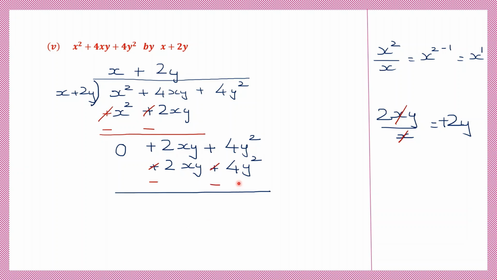So now here I have plus 4 minus 4, that is 0. Similarly, here I have plus 2 minus 2, which becomes 0. So now let me go back to my quotient. My quotient is x plus 2y, which is my answer. So my answer is x plus 2y.